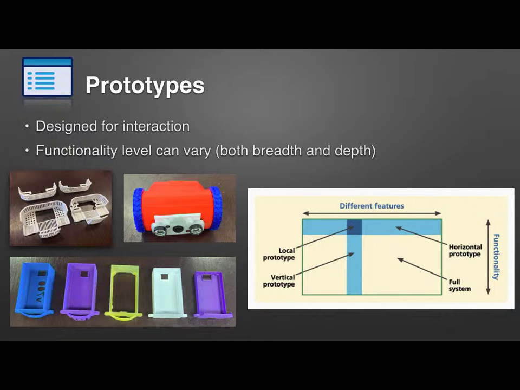One thing that's important with prototypes to keep in mind is that you have both the full spectrum of things that your application or your system is going to do, and then you have the depth, the completeness of each of those aspects. And so with a prototype, you may only go to the surface level on some things, and then go very deep on other things, or you may cover all of this.